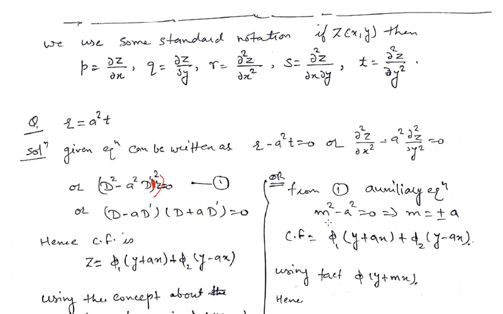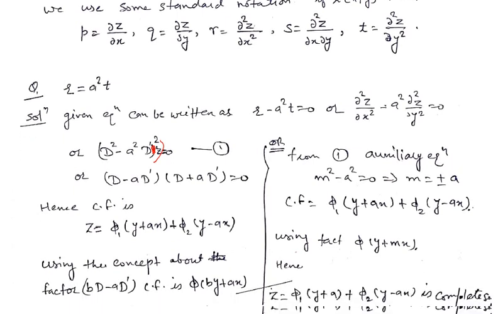Or we can write its auxiliary equation. By the auxiliary equation we can write its complementary function. So the auxiliary equation of the given problem is m² − a² = 0. It gives us two roots, m = ±a. Both are distinct, so about a and −a, CF is φ1(y + ax) + φ2(y − ax).